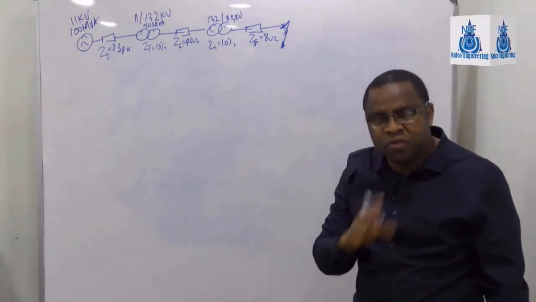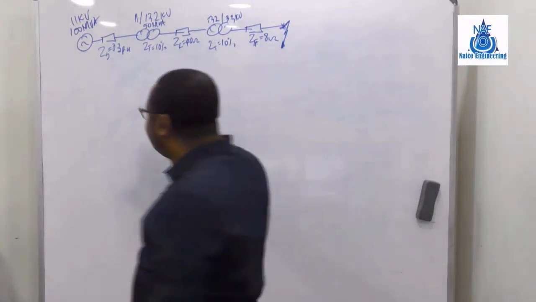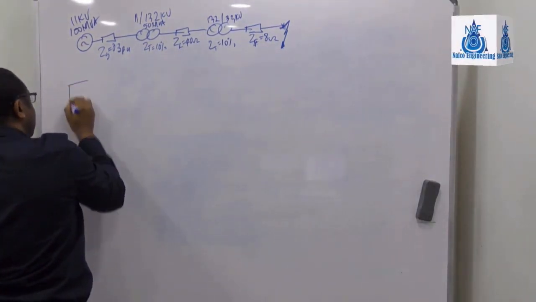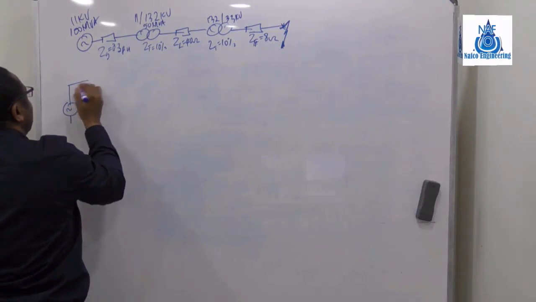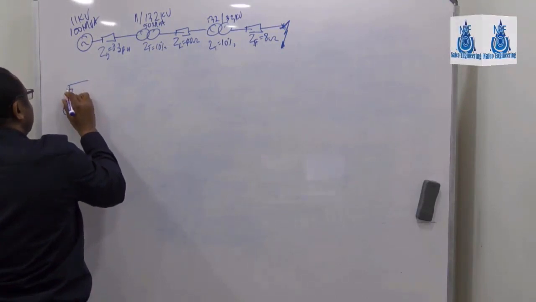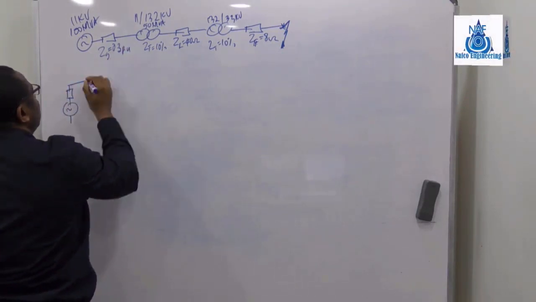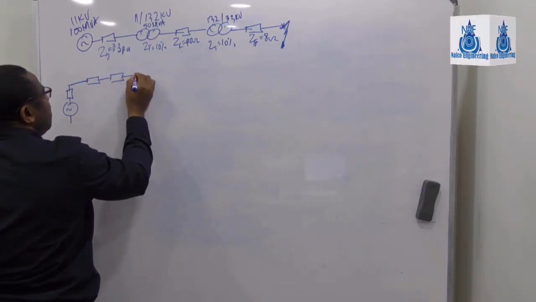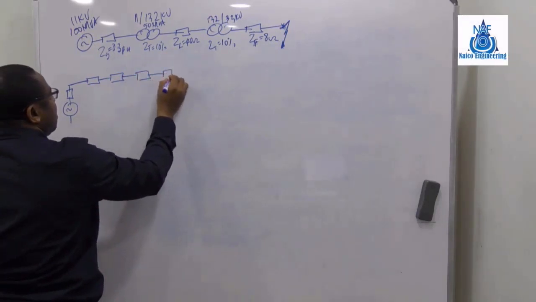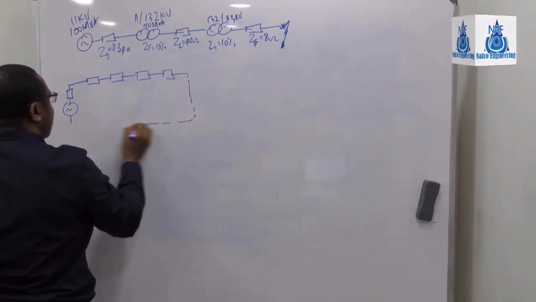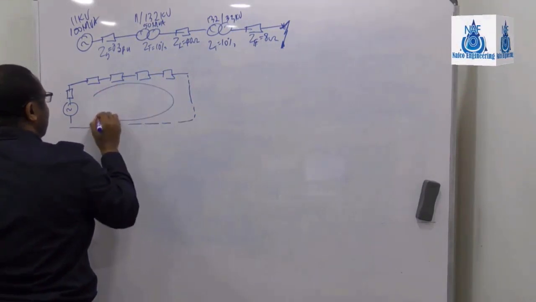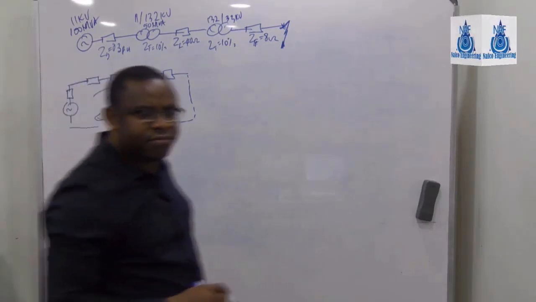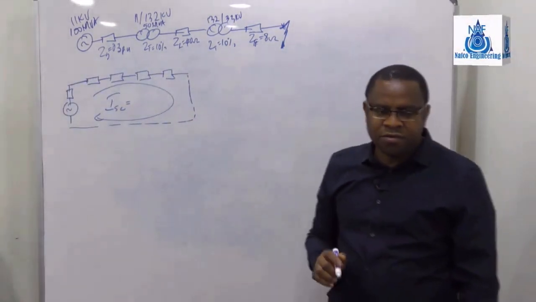So now what you do is we just want to see how we can represent this like this. Look, where you have a source with its own impedance, and then we'll have a transformer, we'll have overhead line, we'll have transformer, we'll have the feeder. We are saying if you short that, how much fault current will flow. That's what we want to do.